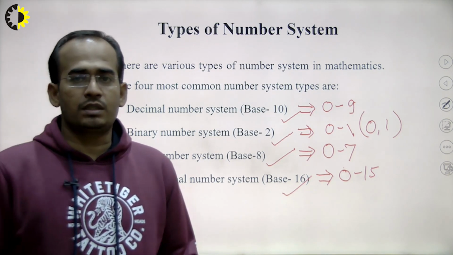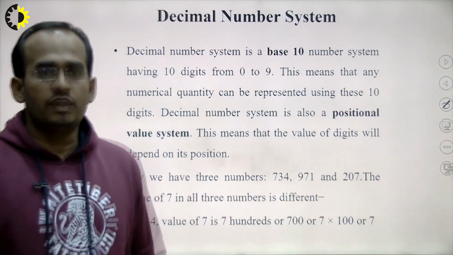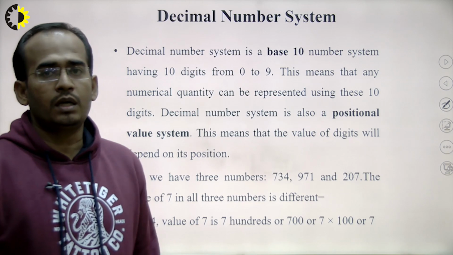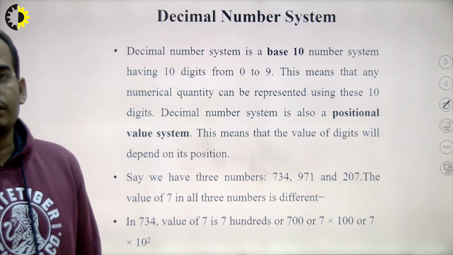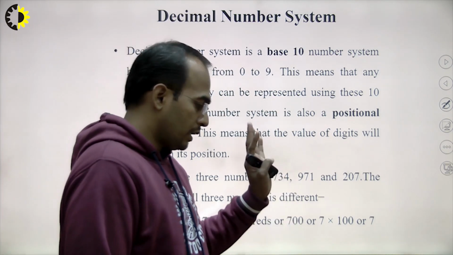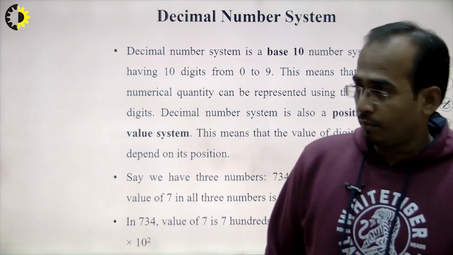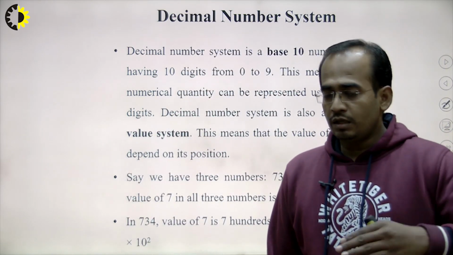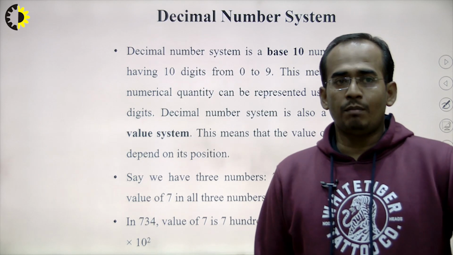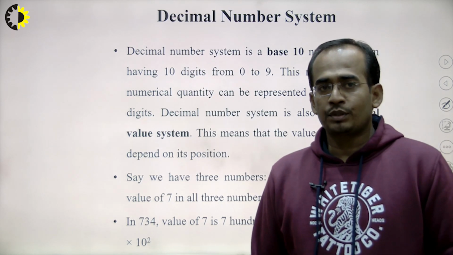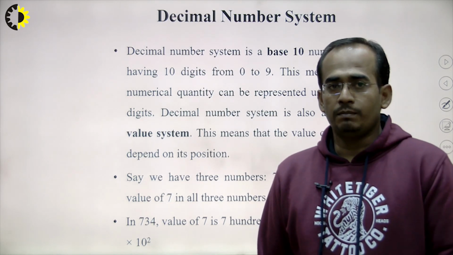Now, the decimal number system is a base 10 number system having 10 digits from 0 to 9. As I told you, the base gives the information about the number of digits present in the number system.